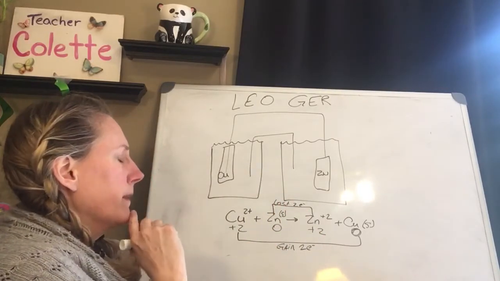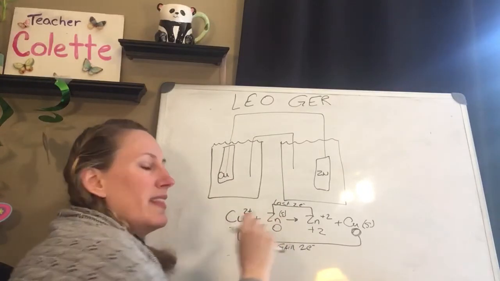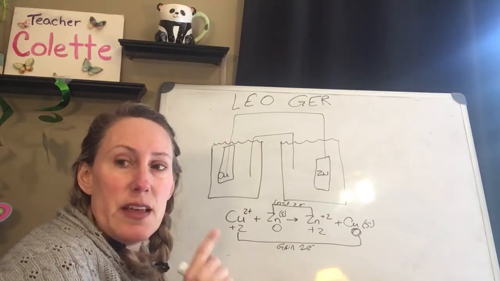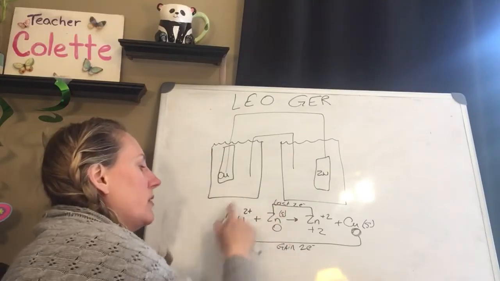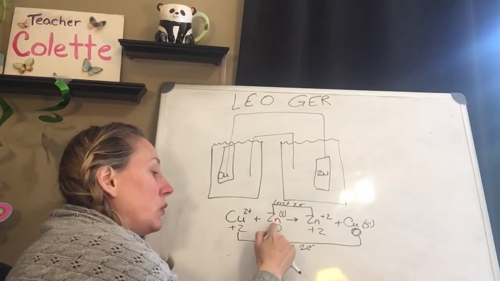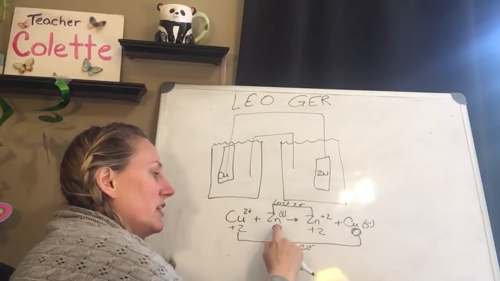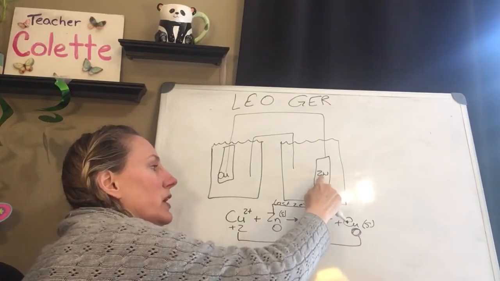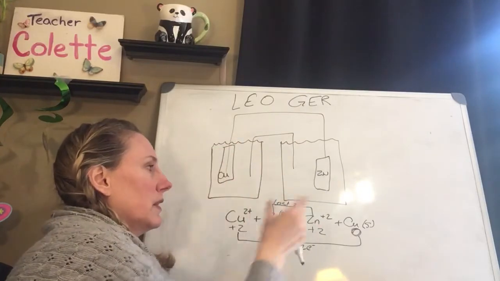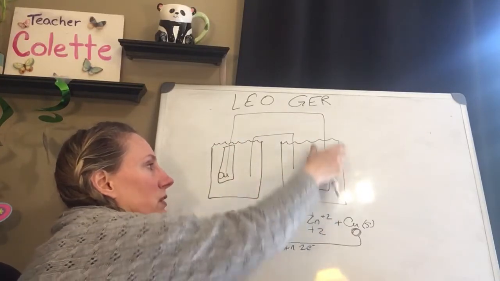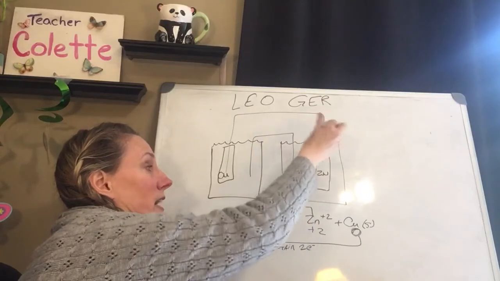So if zinc is the one that's losing the electrons, that is where the source of my electrons is coming from. Here is my reaction. My source of electrons in this reaction is coming from my zinc. So here's my zinc. I have two little sections. I would draw just a rectangle. It's got liquid in it.